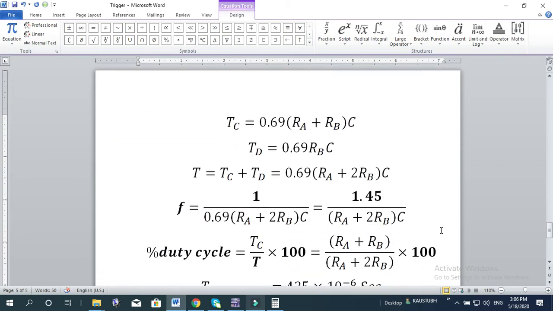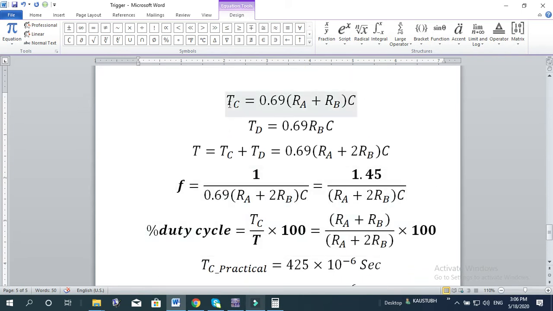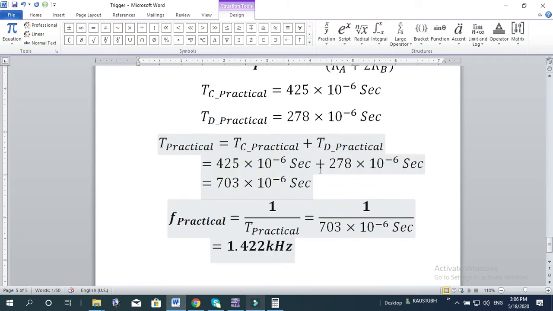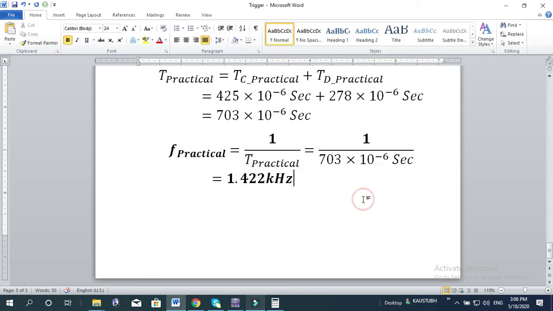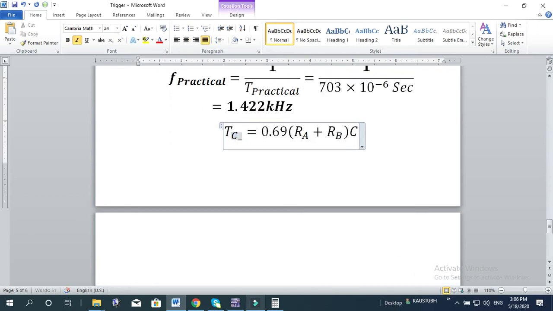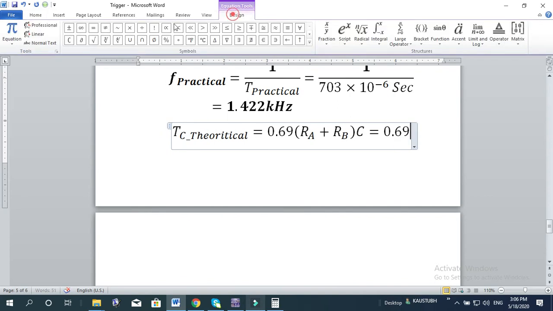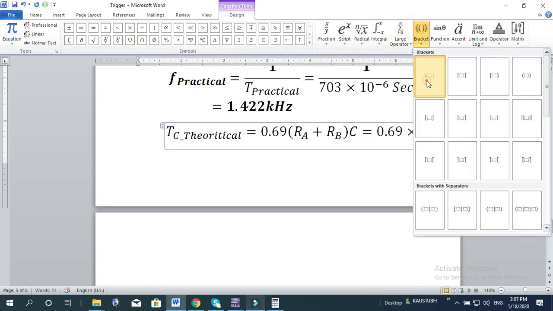This is the theoretical value. Okay, so theoretical T which will be equal to 0.69 into RA.